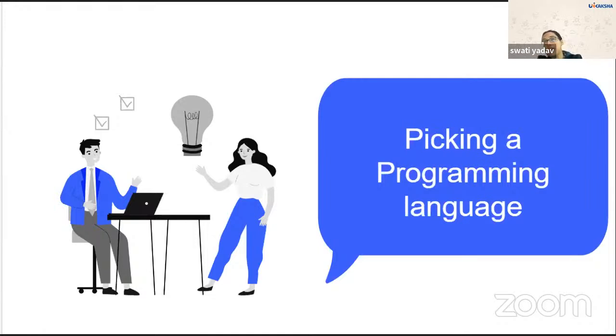Sometimes candidates are aware of many such languages. They think they know each and every language so very well, and they get confused at the last moment. They try to show off, that I know Java, I know JavaScript, I know Python, I know everything about these languages.